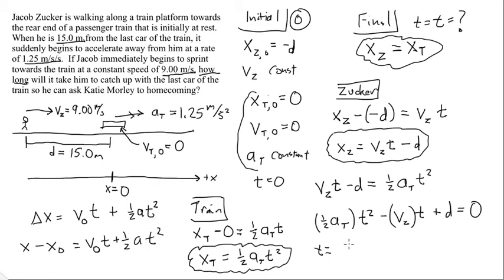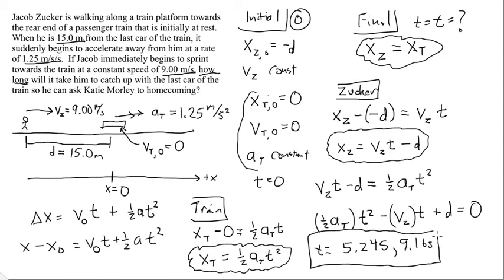What you get is that Zucker takes 5.24 seconds, or, and this is because, remember, the quadratic formula gives you the plus or minus, 9.16 seconds. And so these are the two answers.